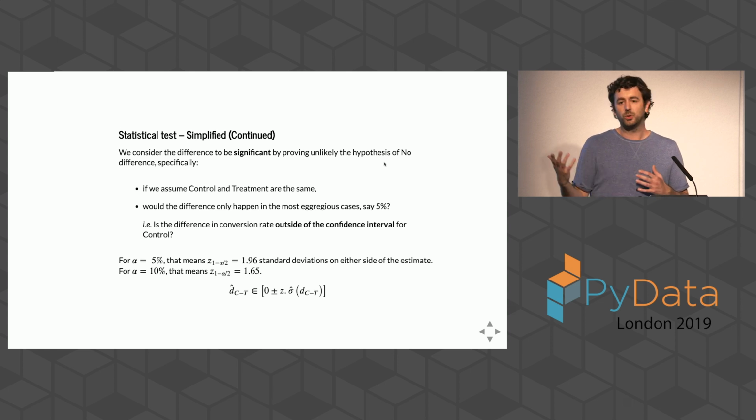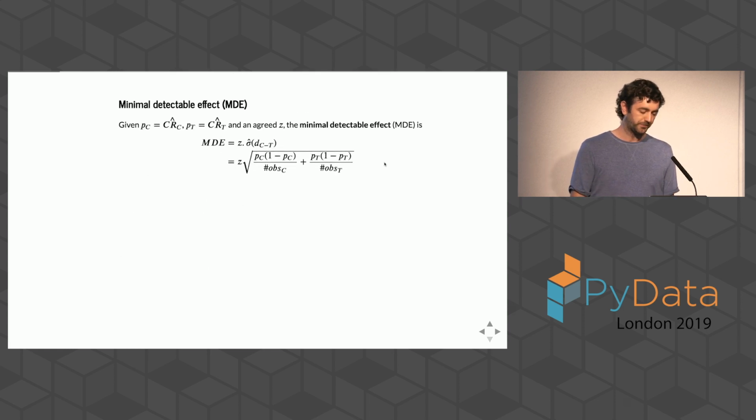If you conclude that the odds that control and treatment are the same are less than your threshold, typically 5% or 10%, then you conclude that they are different, or at least there is a very small probability that they are the same. So most likely they are different, and you define a threshold to then make a conclusion.